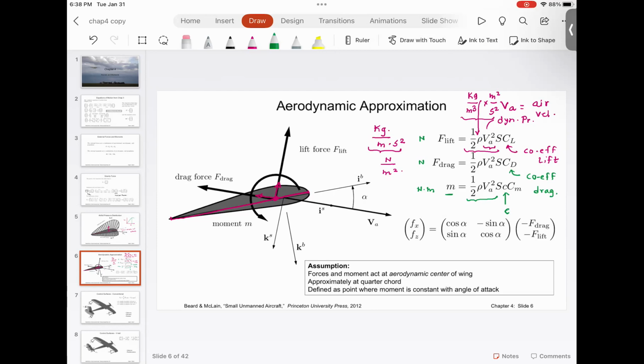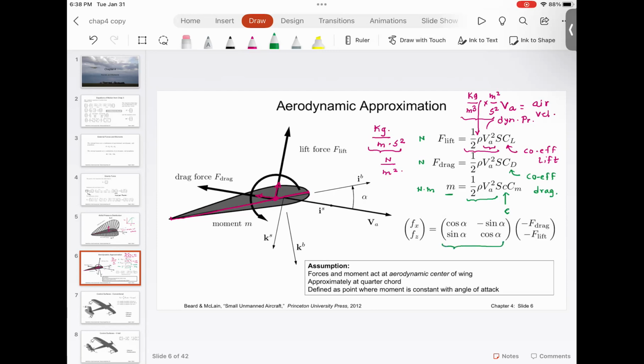But our forces and moments, those 12 equations, are in the body frame. So what do I need to do? I need to use the transformation to convert the forces in the stability frame back into the body frame. Everyone understood this? And for that, I have this transformation matrix.